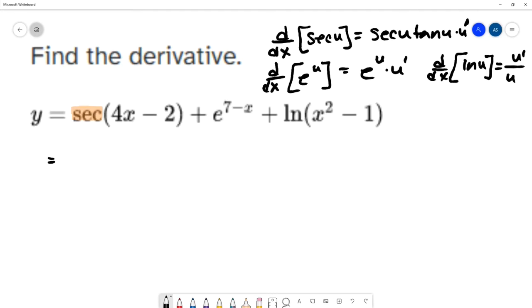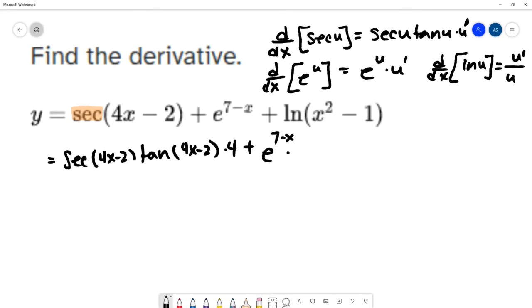So the derivative of secant will be secant of u, whatever's inside, so secant of 4x minus 2 times tangent of whatever's inside, 4x minus 2, and then u prime, the derivative of the inside, is 4. Then we have e to the 7 minus x. That's going to be e to the 7 minus x times u prime. The derivative of what's in the exponent is -1.